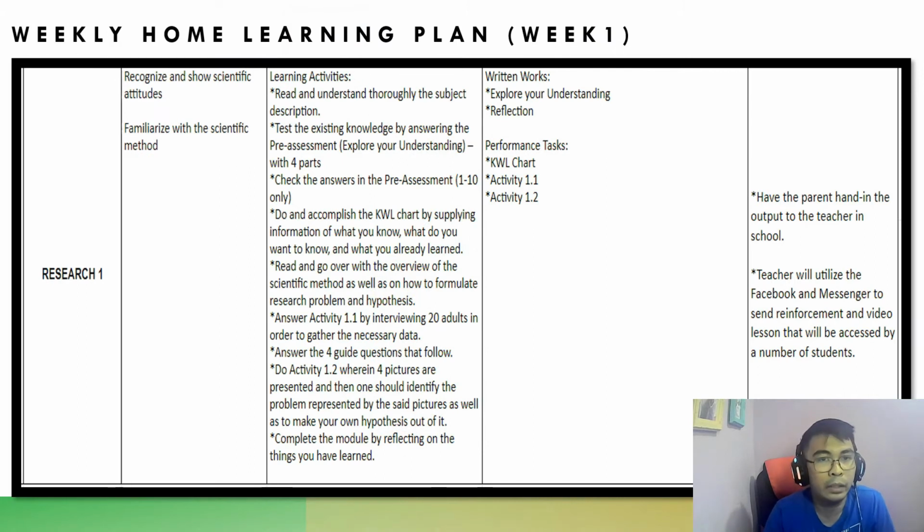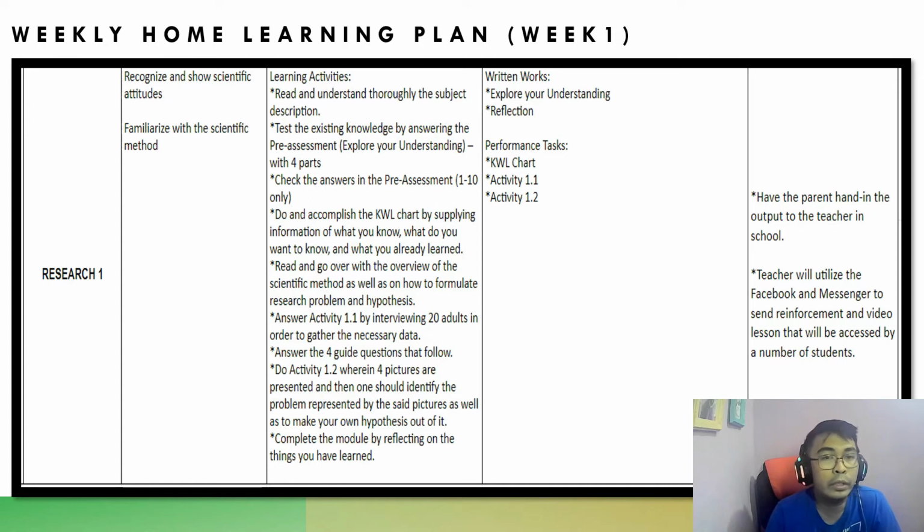But before we start, let me share with you our weekly home learning plan for the first week in our subject Research 1. As you can see in this learning plan, I have listed the learning activities that are expected for you to accomplish for this week.